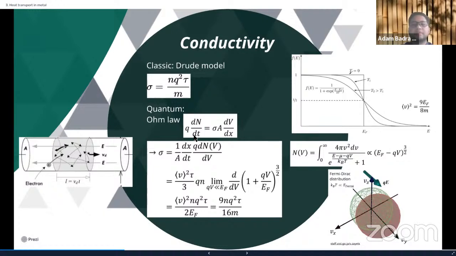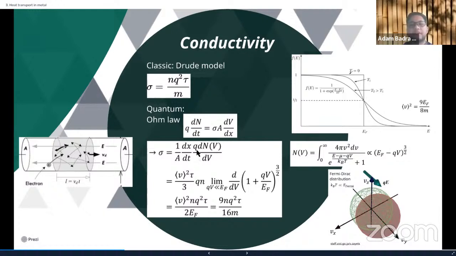So this is the current, and this is the resistance, sigma times A, where sigma is the conductivity, A is the area, x is the unit length, and V is the voltage. If we want to determine sigma, then we manipulate this equation so that sigma equals 1 over A, dx per dt, q dn per dV. This V is the electric voltage.